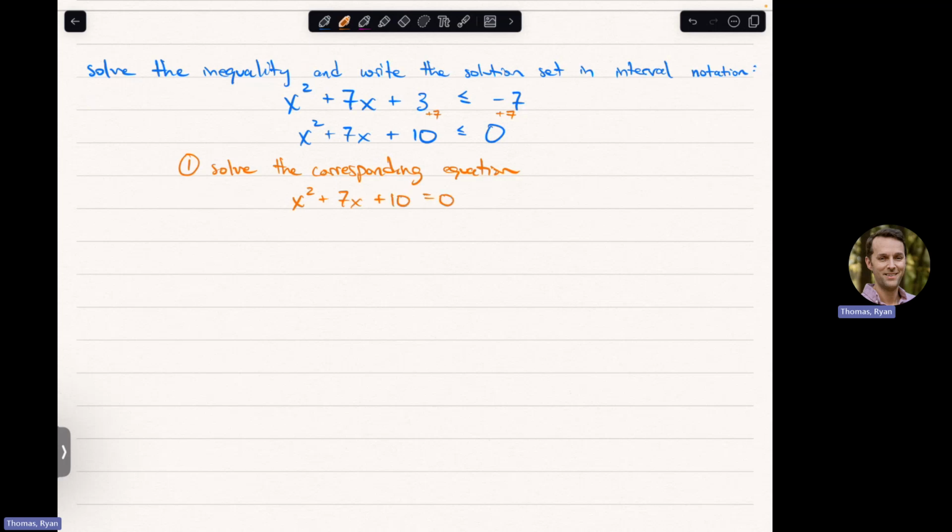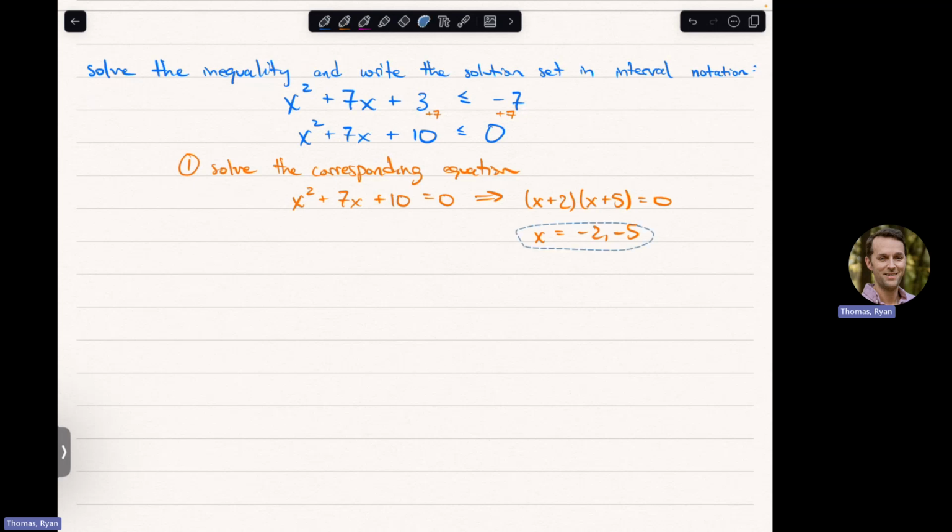Again, whatever solution method you want to use here, you can use the quadratic formula. You could complete the square, do the square root property thing. This one happens to factor. So for the sake of time, I'm just going to do that real quick. And then because we have a product equal to 0, I can split.